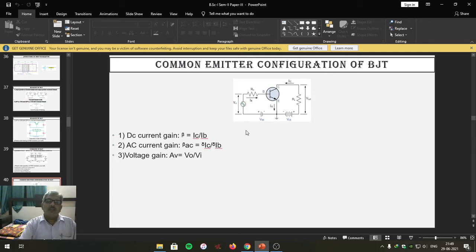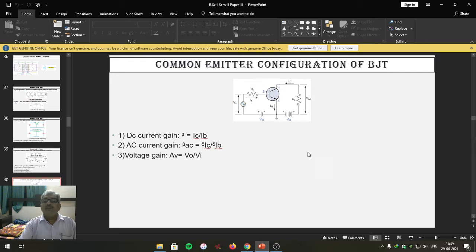Friends, BJT has got three terminals, namely emitter, base and collector. Out of these three terminals, if the emitter is common for input as well as output, which means the emitter is grounded, then and then only it becomes common for input as well as output.